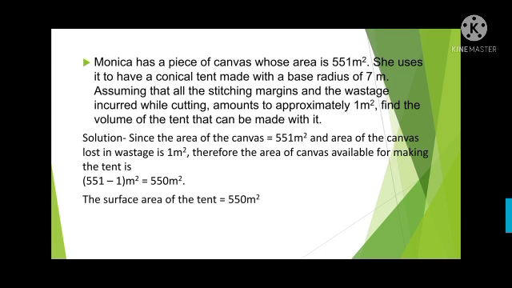Now this gets us to the surface area of the tent. Now the required base radius of the conical tent is given as 7 meter.